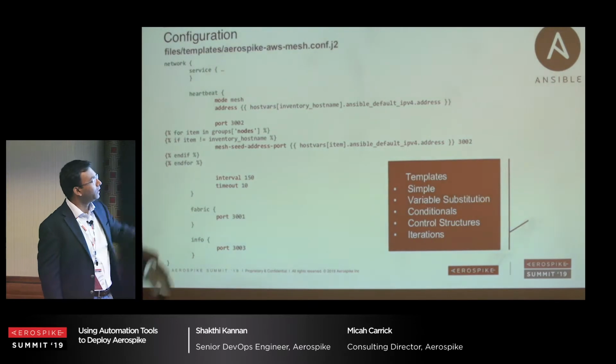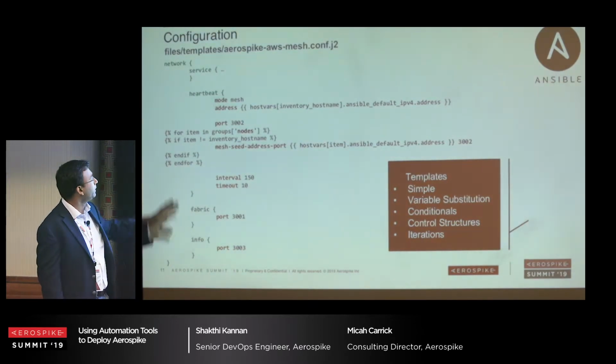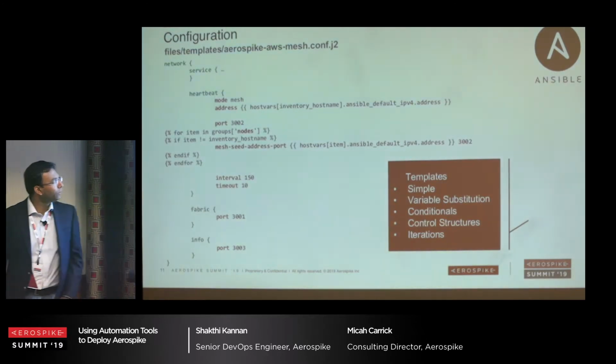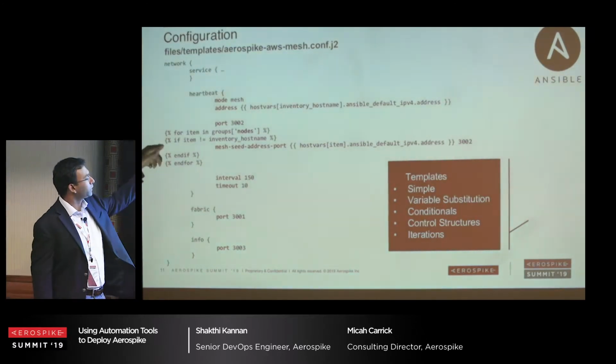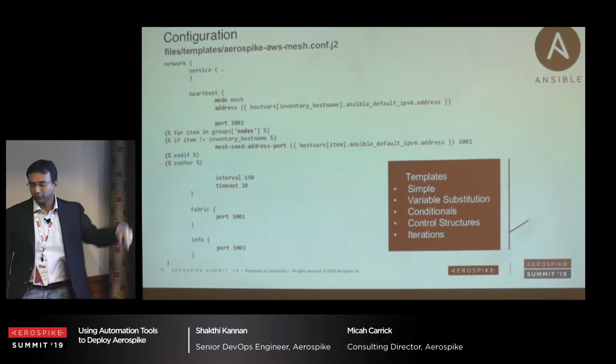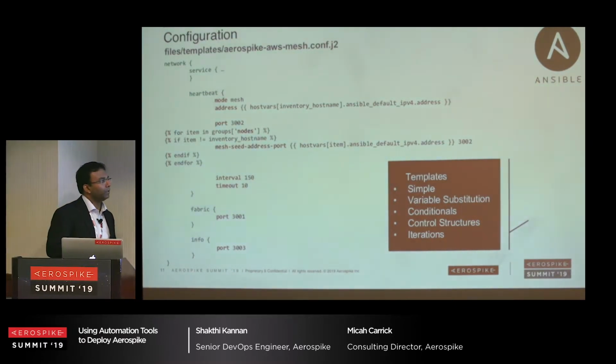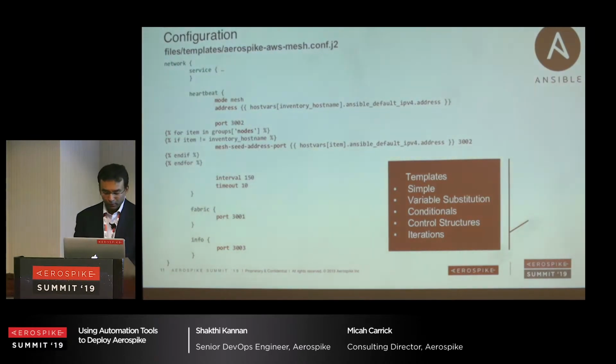So you have a simple for loop that goes in, and like any programming language, you can use variable substitution, you can do conditionals, control structures, and do iterations like the for loop. So this will basically set up the mesh cluster on those AWS machines.